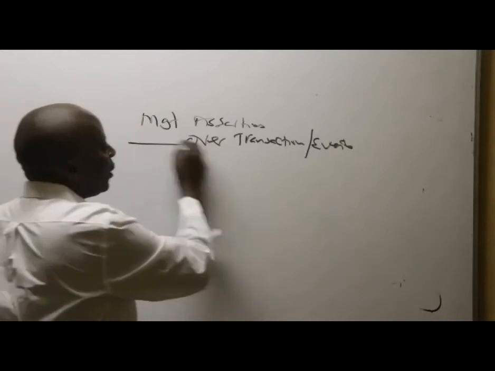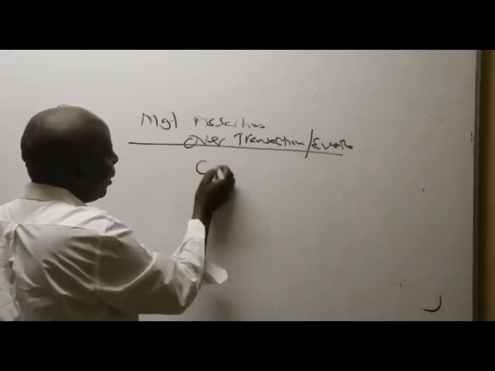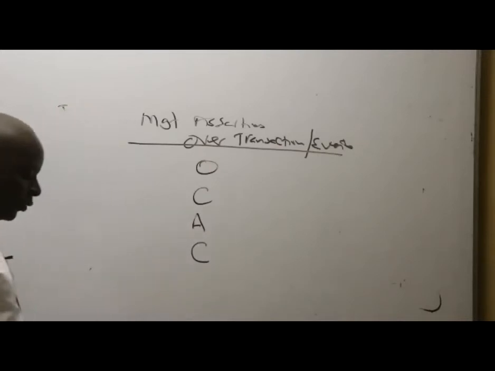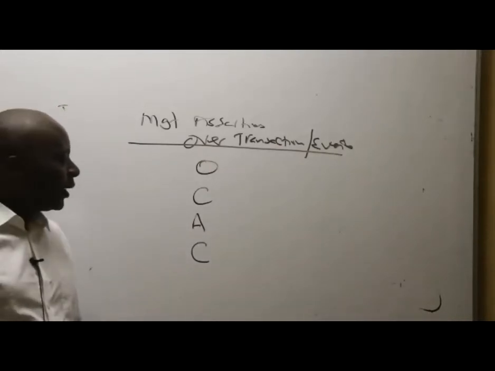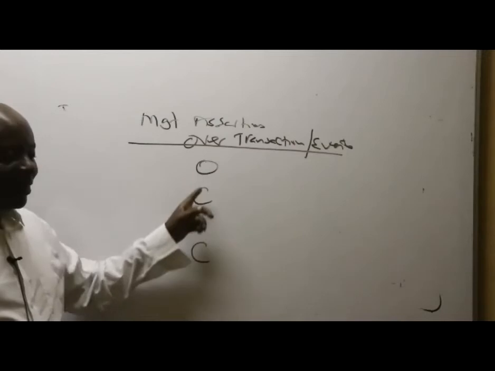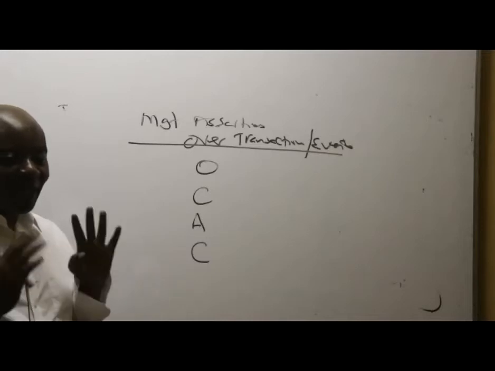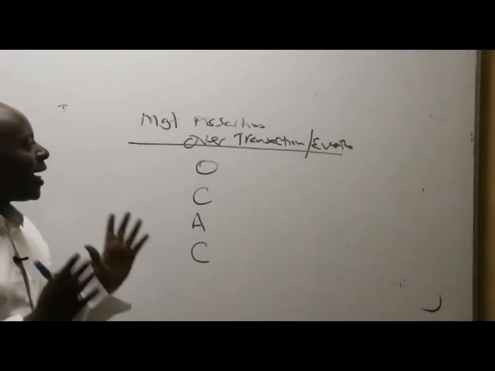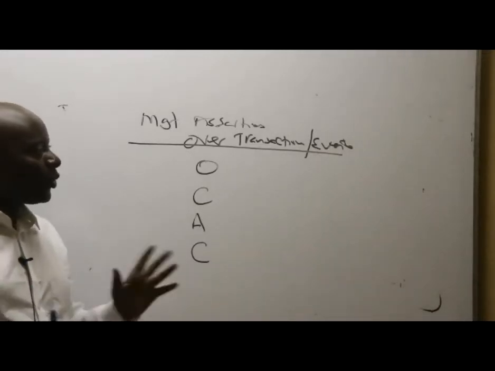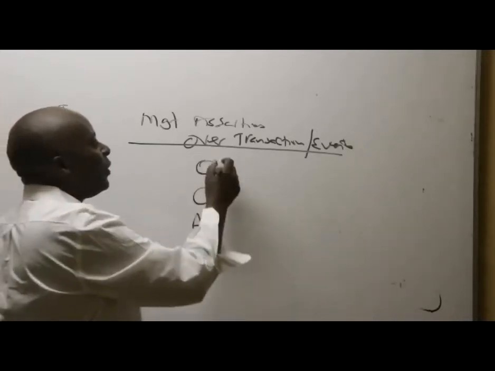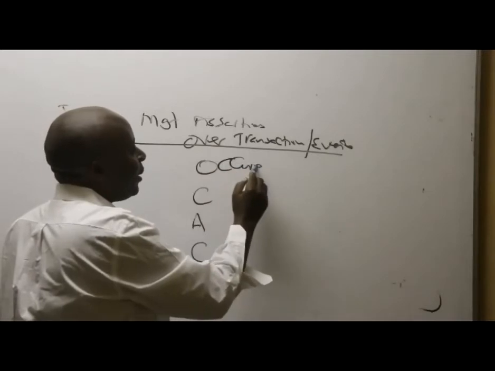In this case here, we normally use the acronym OCAC. Very nice for those of us who are coming from Luo Nyanza. So anytime they talk of assertions over transactions stroke events, always remember OCAC, that the transactions that they have, indeed, they occurred.